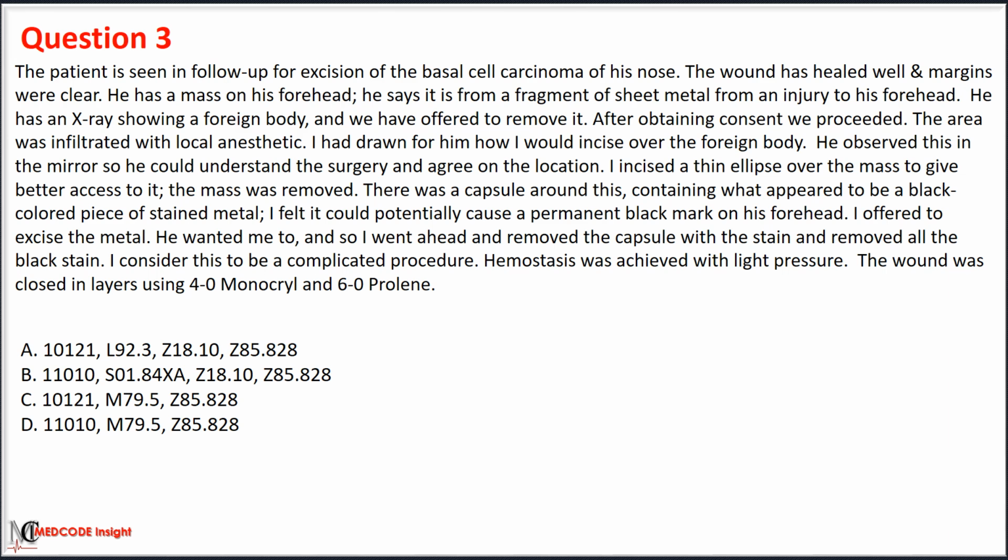He wanted me to, and so I went ahead and removed the capsule with the stain and removed all the black stain. I considered this to be a complicated procedure. Hemostasis was achieved with light pressure. The wound was closed in layers using 4.0 monocryl and 6.0 prolene.